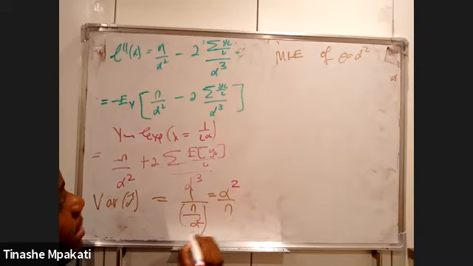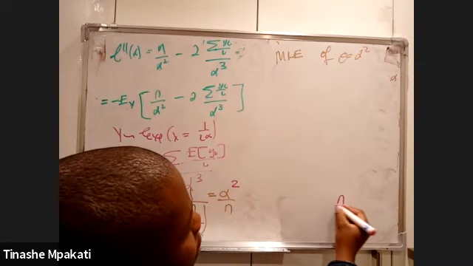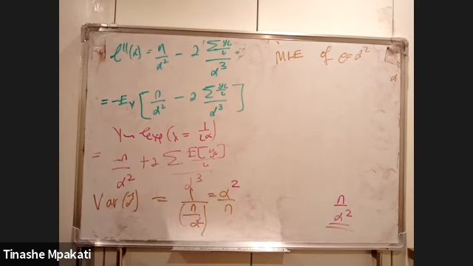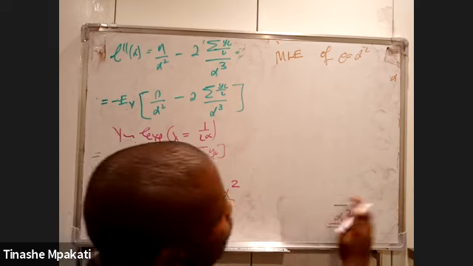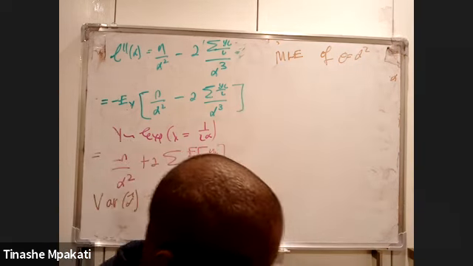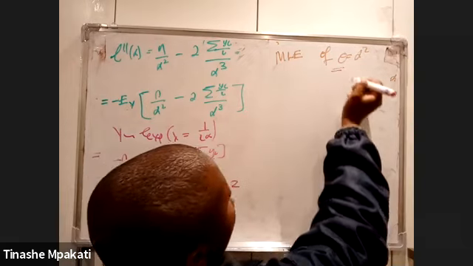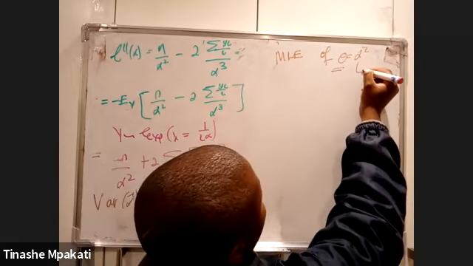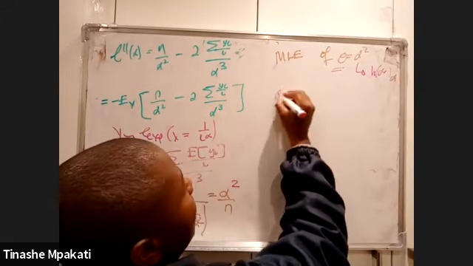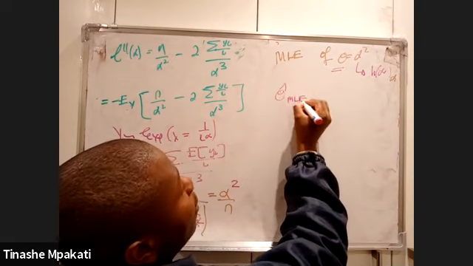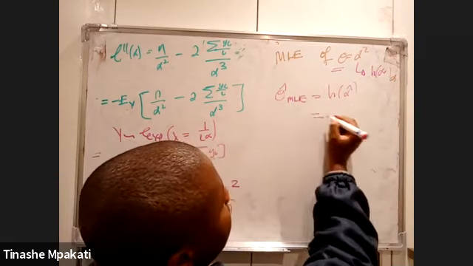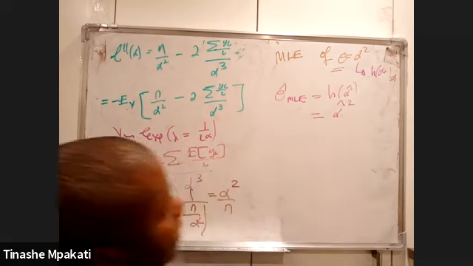This is alpha squared because we had n over alpha squared there. So the next part of the question could be asking you for the MLE of a new parameter, but this is also in terms of what? Of our alpha. So it just means that the MLE for this new parameter will simply be equal to the MLE of alpha, squared.